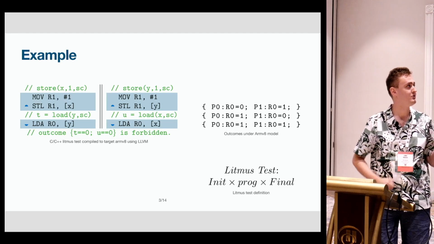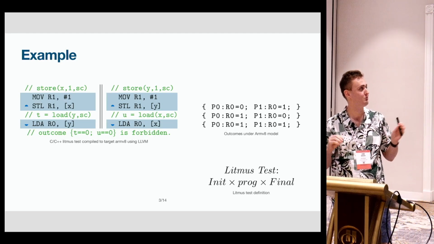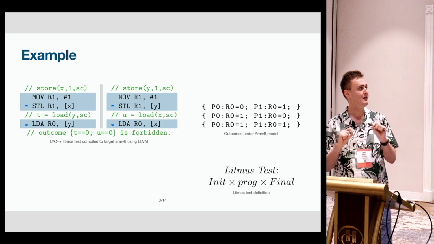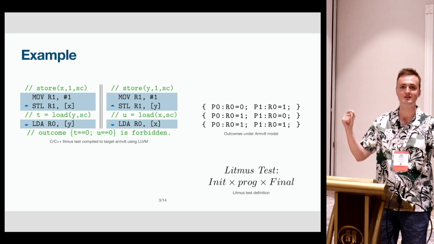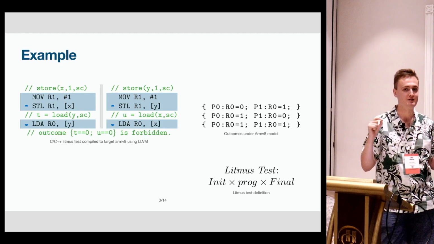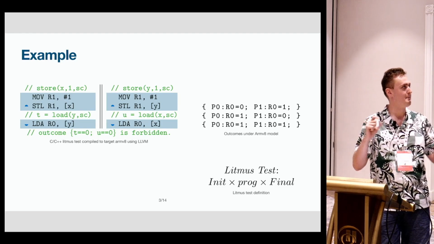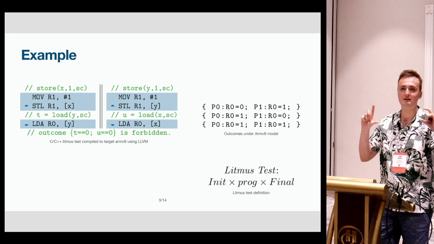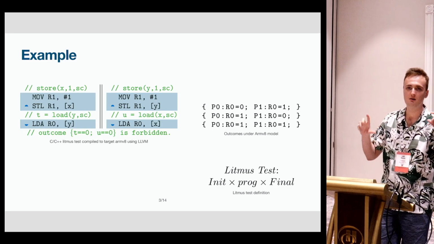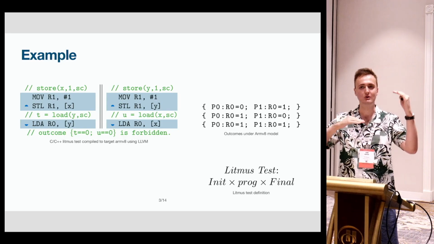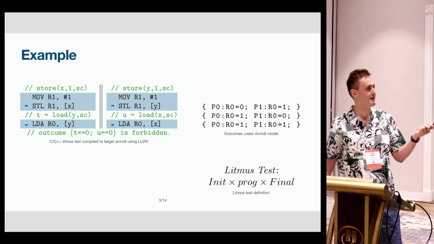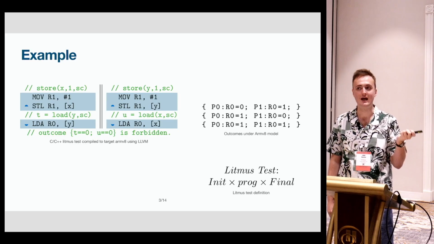And in this case, instead of having that DMB fence, we have STL and LDA instructions. So that's store release and load acquire. And the semantics of these are that they pair up together, and they basically form a release acquire barrier, if you will, that prevents the reordering and also prevents that 0,0 outcome once again.